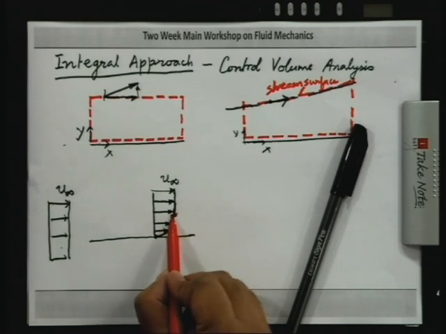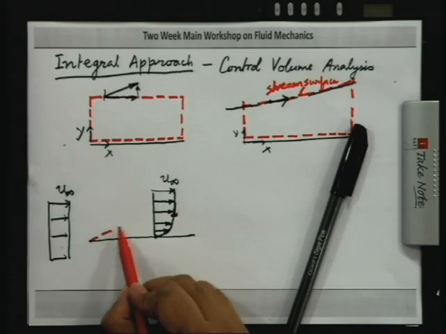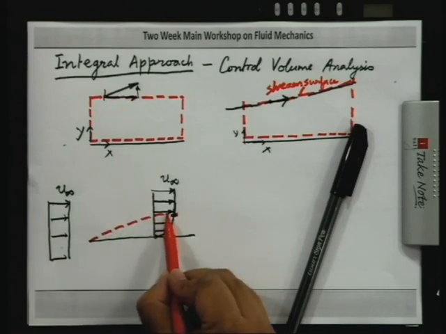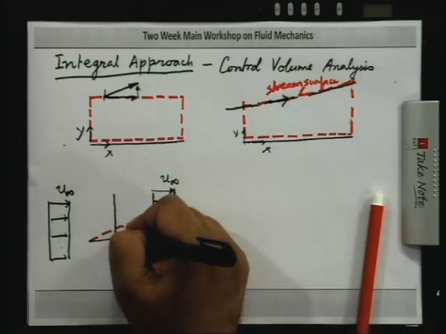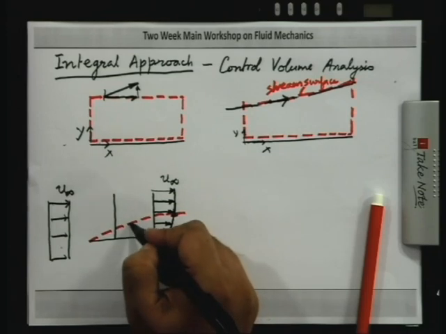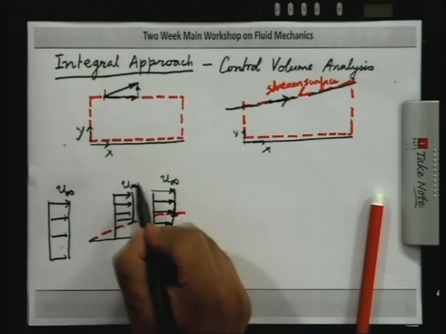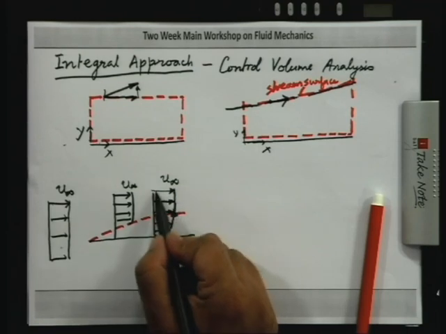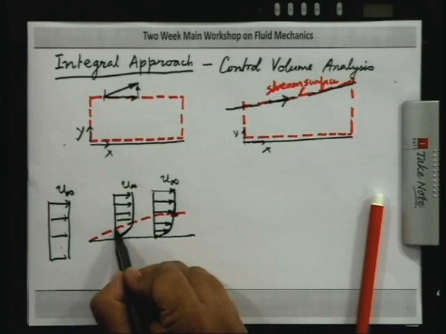And this point is not a line of constant y. I will draw by dotted lines the edge of the boundary layer. So, if I look at the velocity profile at this point, you will see that outside the boundary layer the velocity is u infinity, as in the case of this section, and here you are going to have a sharp variation.